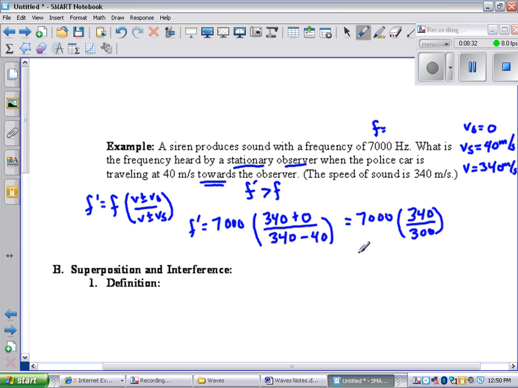And that's going to give my observed frequency of 7,933 hertz. So it is a higher frequency than the original frequency, so it's going to sound higher pitched.